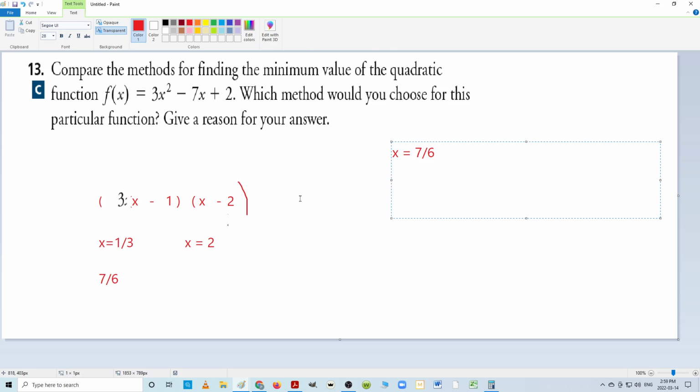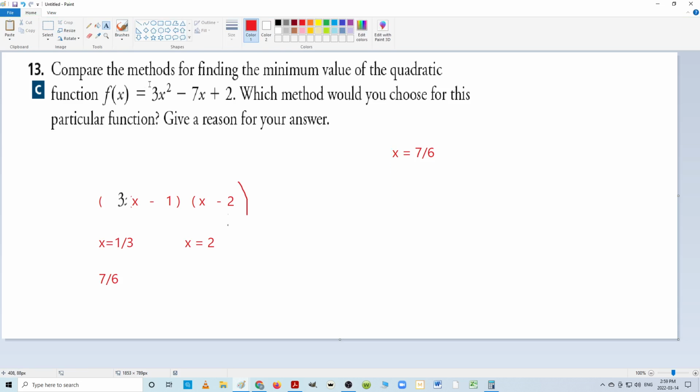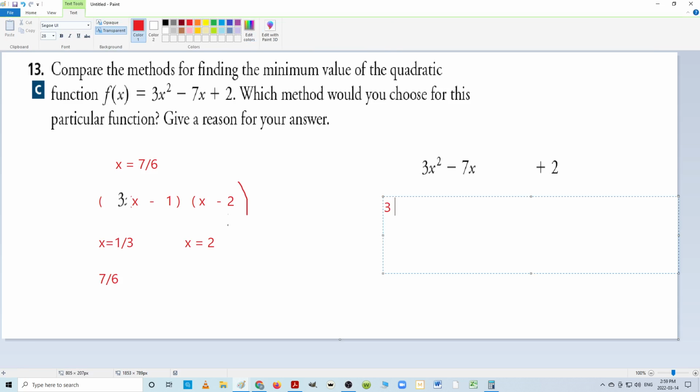And I could just plug 7 over 6 into this equation, but you can see that it's going to get lots of fractions. So let's see if completing the square would be easier. And we can see the problem here is you get left with an odd number as well. But when I take 3 out, how many times does it go in there? 2 point, and that's a problem. It's 2 1/3 again.